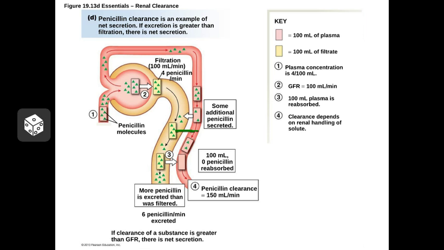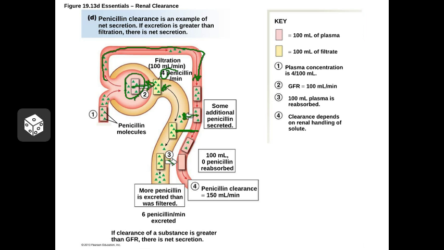In its original form, penicillin, and again we are repeating our scenario, 4 molecules per 100 mils of plasma. That gets freely filtered. So now we have 4 molecules of penicillin per 100 milliliters of filtrate. The rest of the plasma goes chugging along. And from this scenario, we can see that there is penicillin that is secreted.